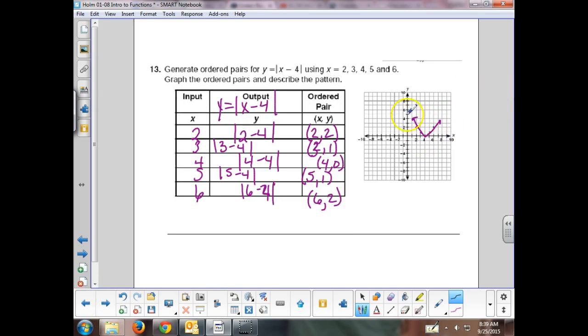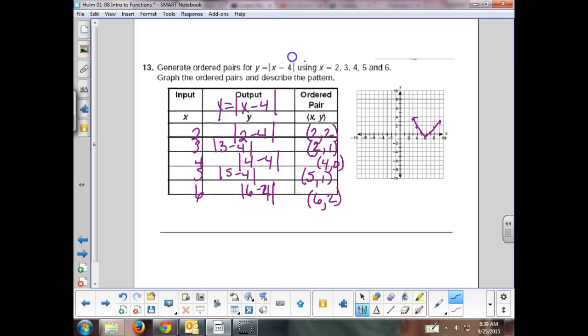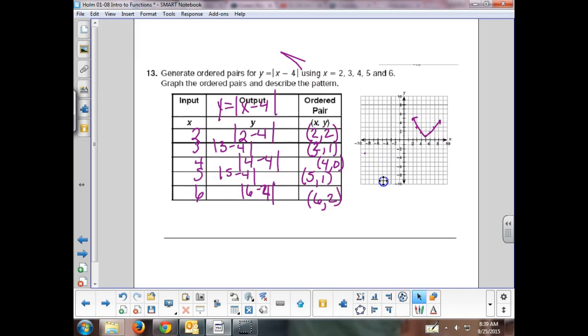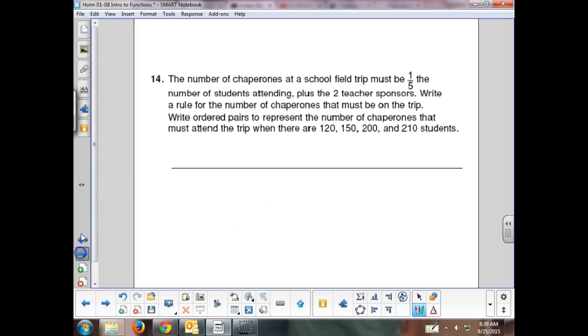All right, so hopefully you got this V. I knew right away that this was going to be a V. And if you can remember that, any function that has an absolute value will always give you a V, because you can't get a negative out of an absolute value. So it can't go into the y's unless you put a negative out front of it. Then the entire V would be upside down.